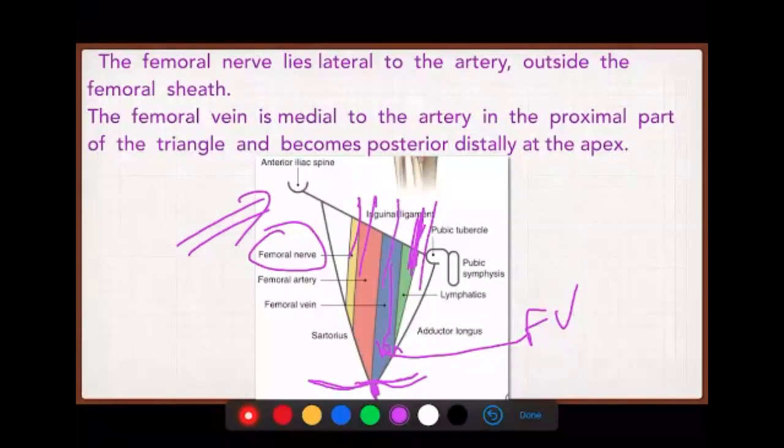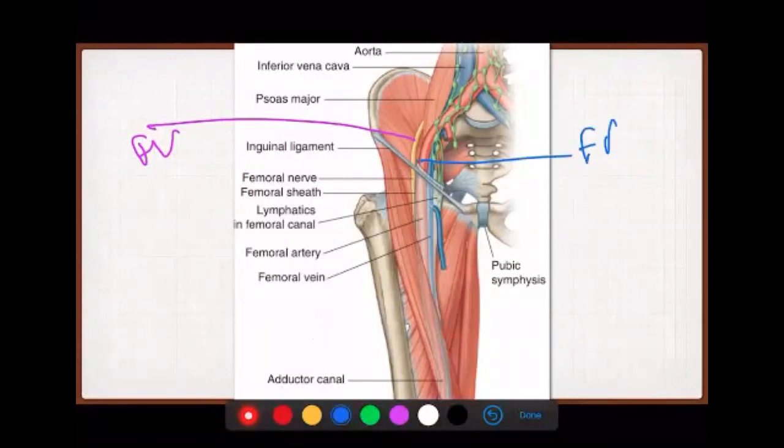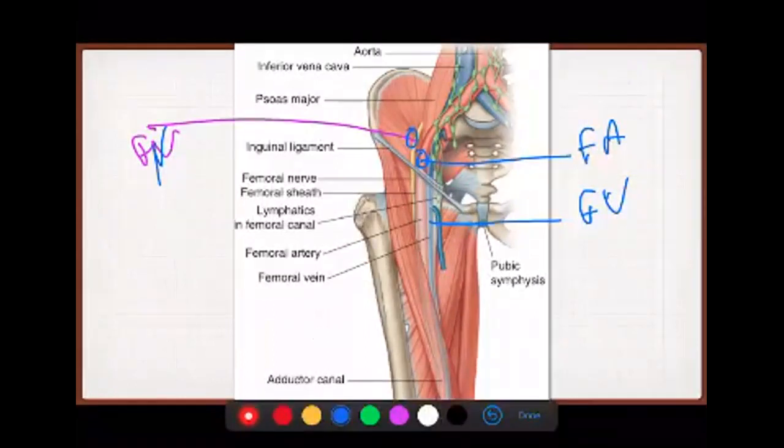Here again, this is the femoral vein, femoral artery, and femoral nerve. So the femoral nerve is the lateral-most, the femoral artery is the middle one, and the femoral vein is the medial-most structure.